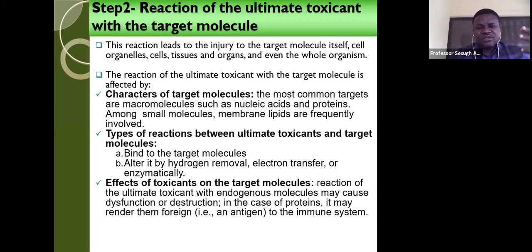Then the types of reactions between the ultimate toxicant and target molecule. So how do they get to the molecule?